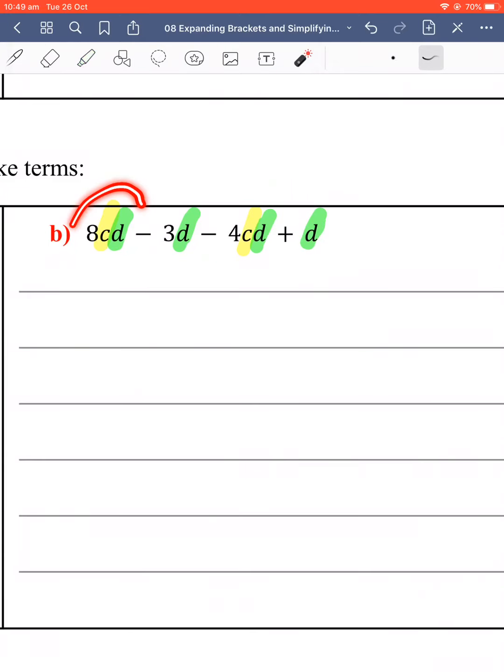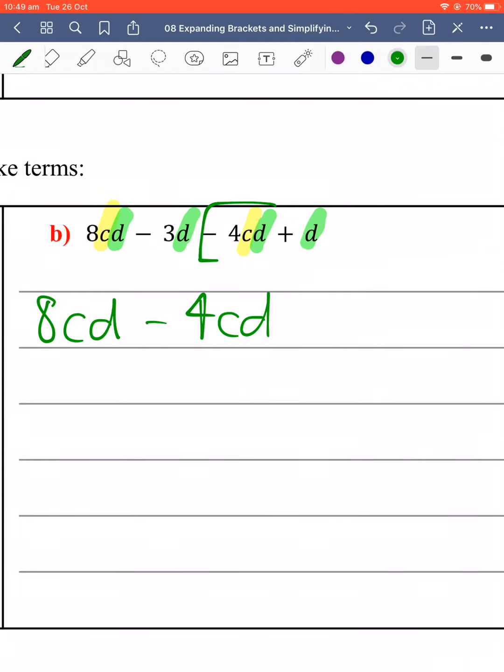So from what I can see here, I have 8CD and minus 4CD. Those two are like terms, so let's write those out again. So 8CD minus 4CD. And again, a good way is to actually maybe use some different colours or some different shapes. So I'm going to use some different shapes and different colours.